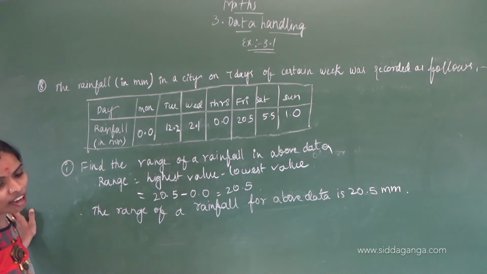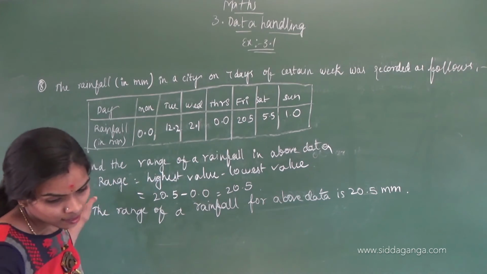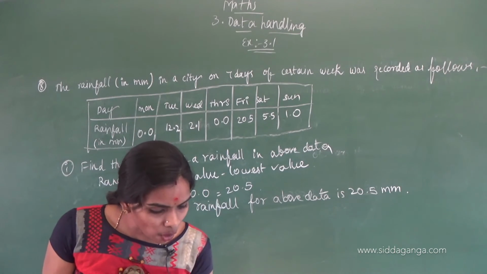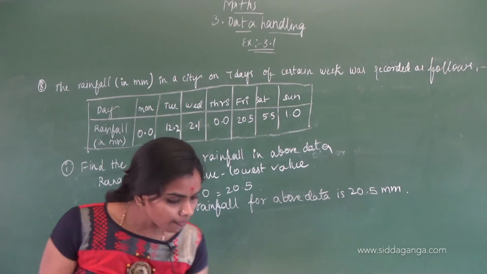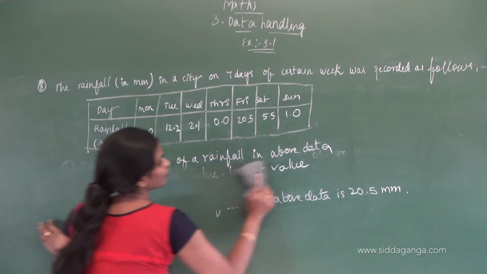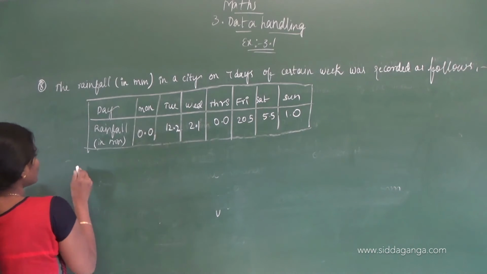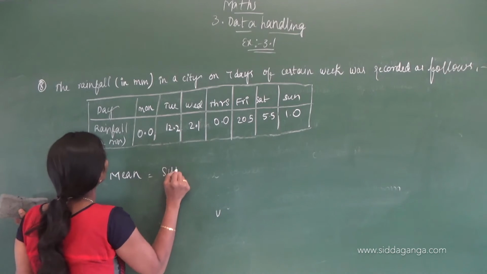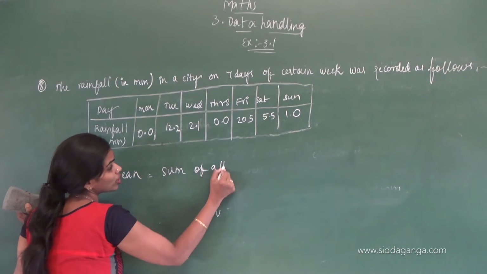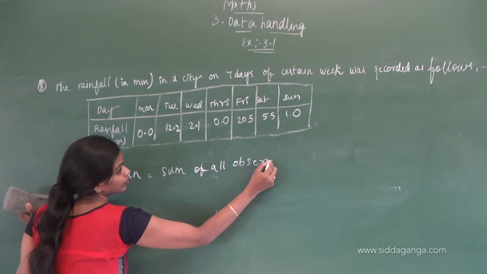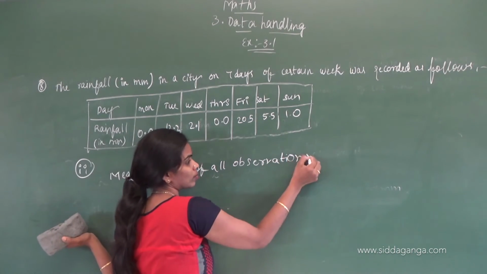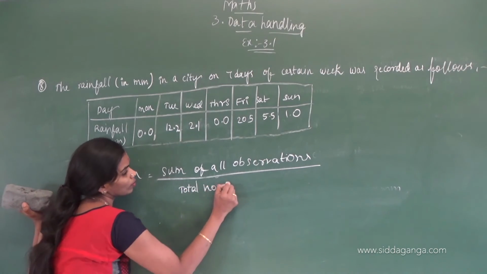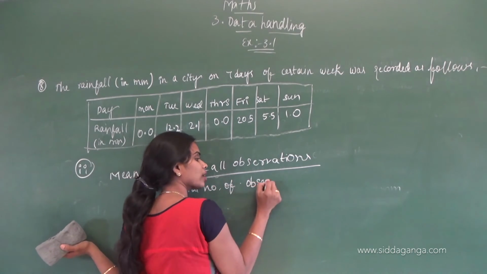And then second question is, find the mean of the rainfall in that week. Mean is sum of all observations divided by total number of observations.